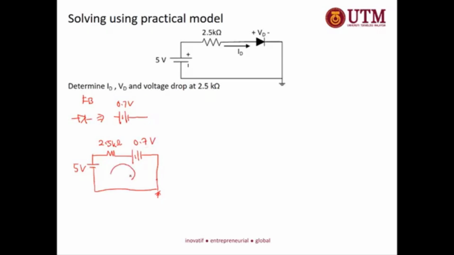So this is ID. Okay. Now when you use the practical model, the VD is equal to 0.7.